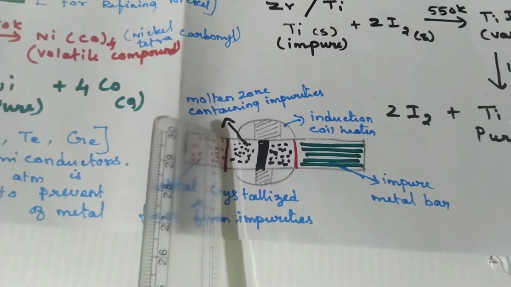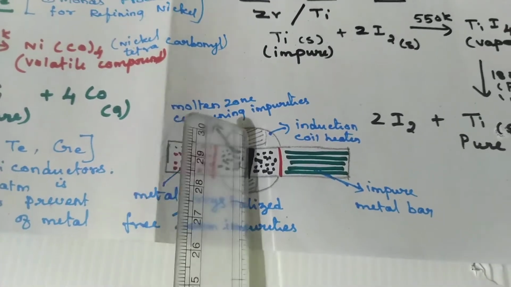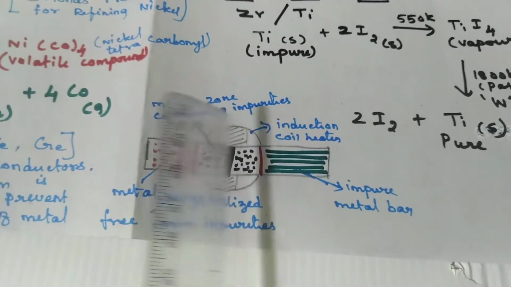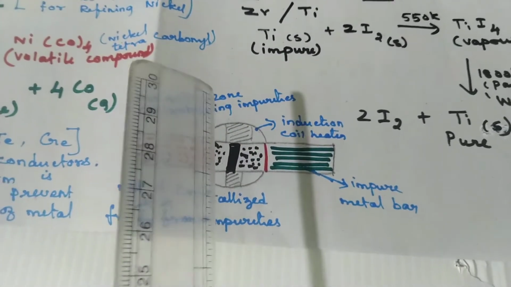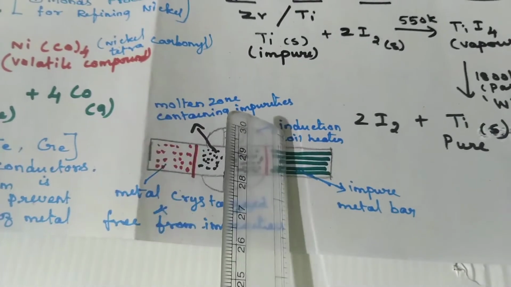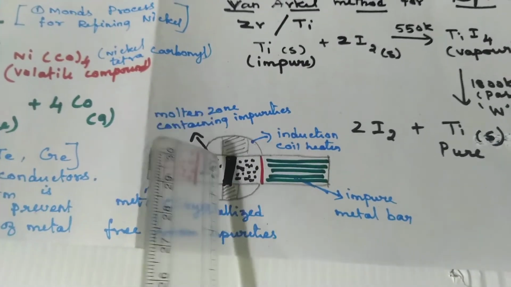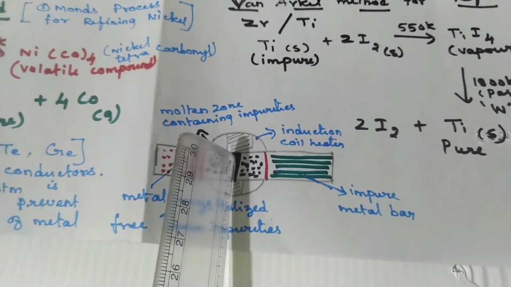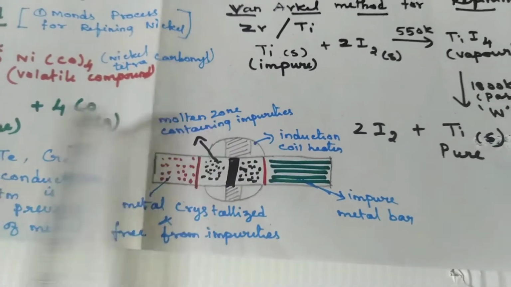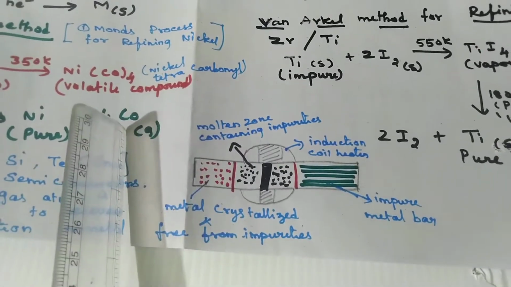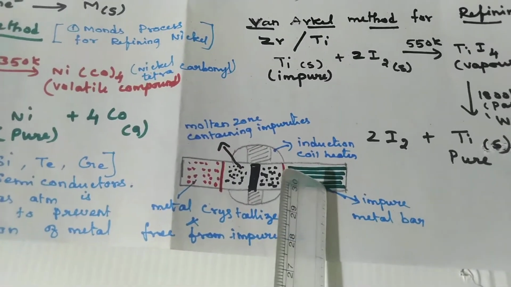Therefore, when the heater moves from one end to the other end, the impurities also move along with the induction coil heater, and they form a small layer in the center of the heater. Therefore, on the left side crystallization of the pure metal takes place, and on the right side the impure metal bar is left.